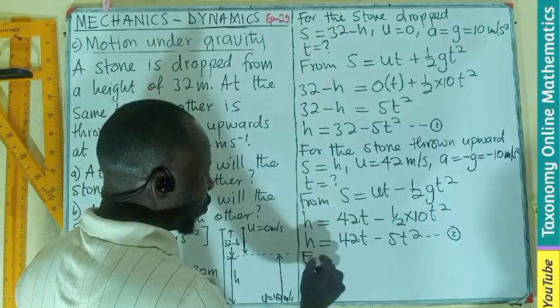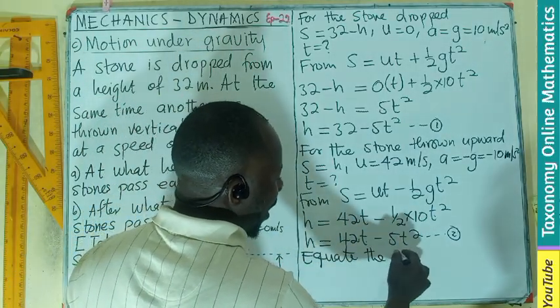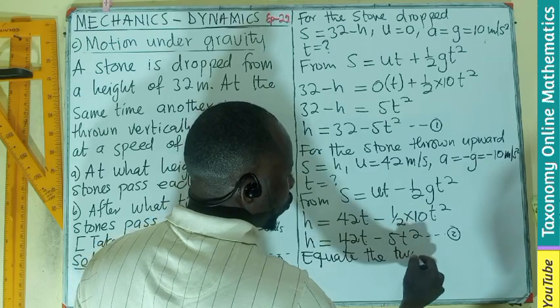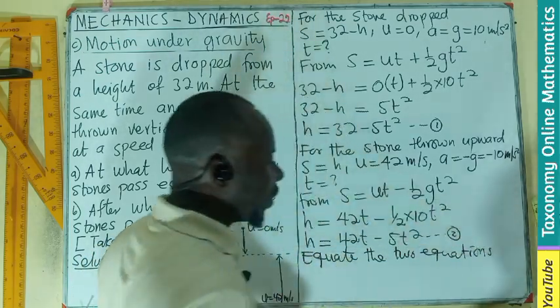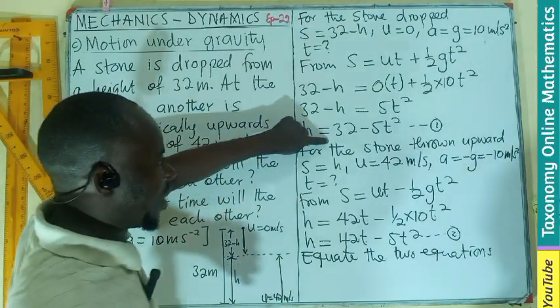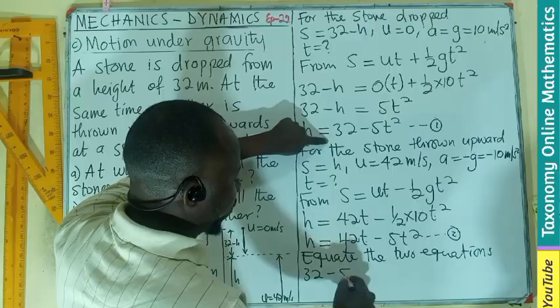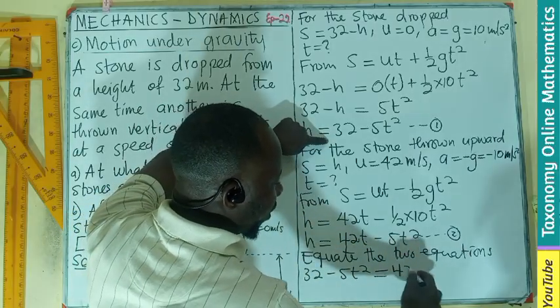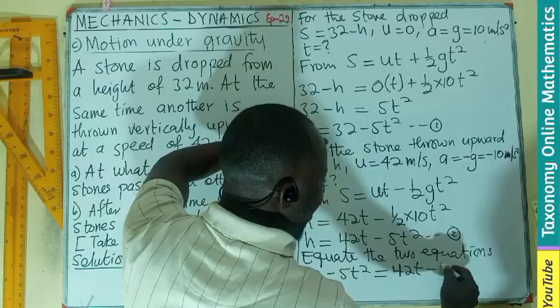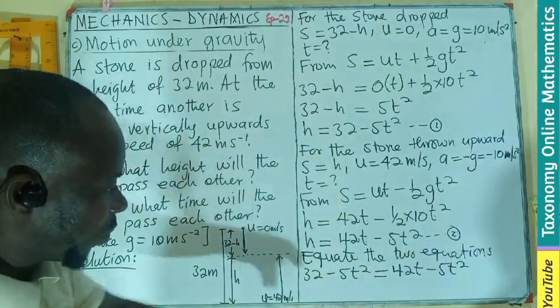So we are going to equate the two equations, equation 1 and equation 2. Picking from the first part, 32 minus 5t squared is the same as 42t minus 5t squared.